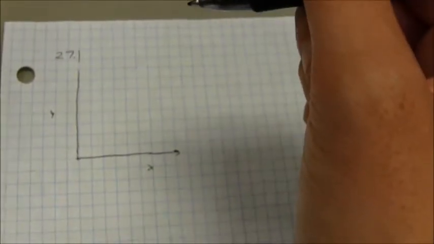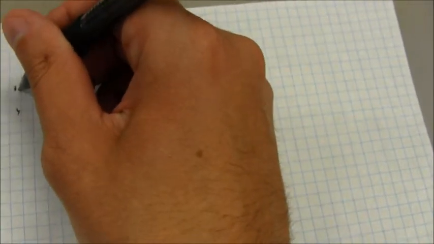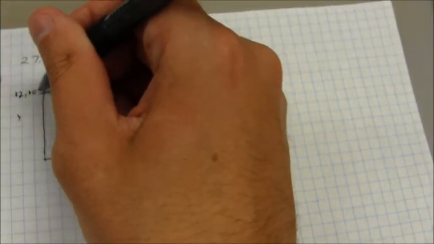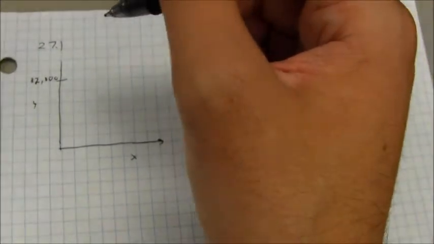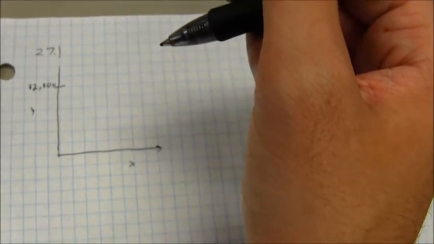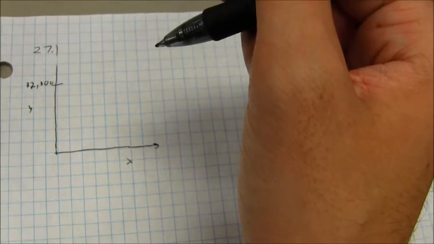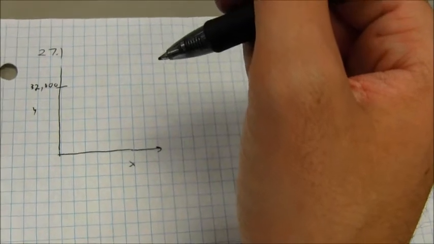When this plane starts out, the plane is 32,000 feet off the ground. And it says that it drops 25,000 feet relative to the ground over the next mile.